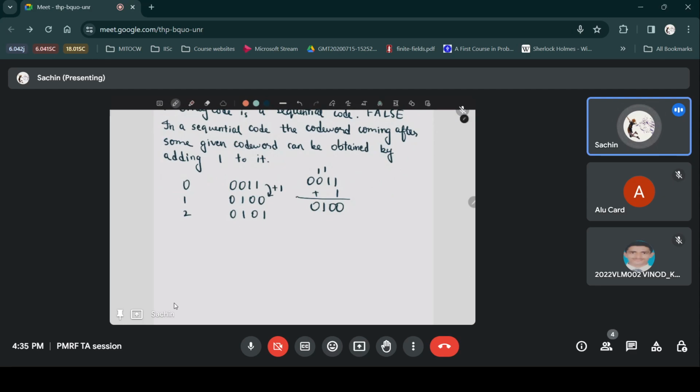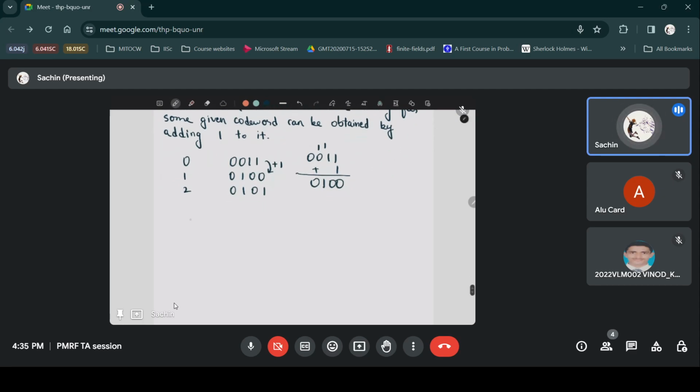You get that by adding a 1. Similarly, in 8421 code, number 0 is 0000. Number 1 is 0001. Number 2 is 0010.